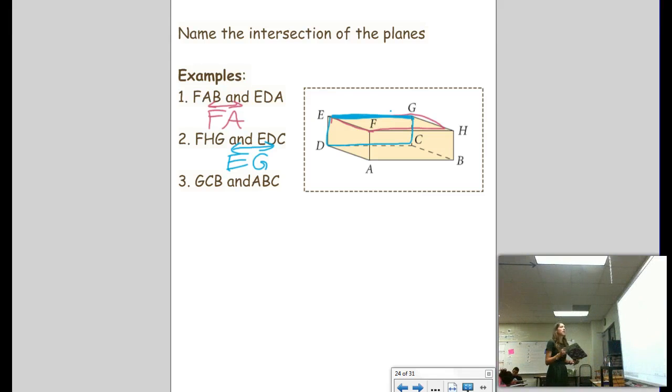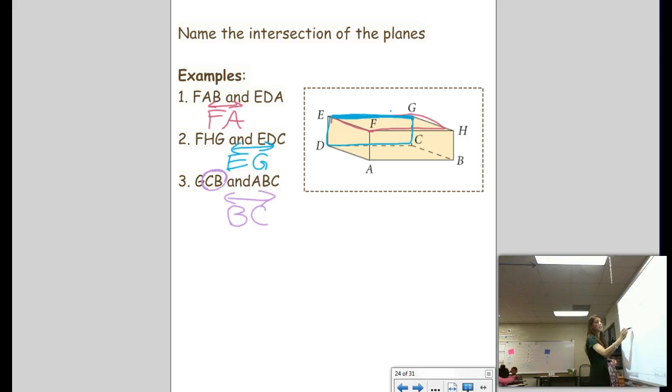Okay, Elijah, number 3. BC, did y'all get BC? I'll give you a little hint. Sometimes when we name the planes, we use 2 of the same letters.